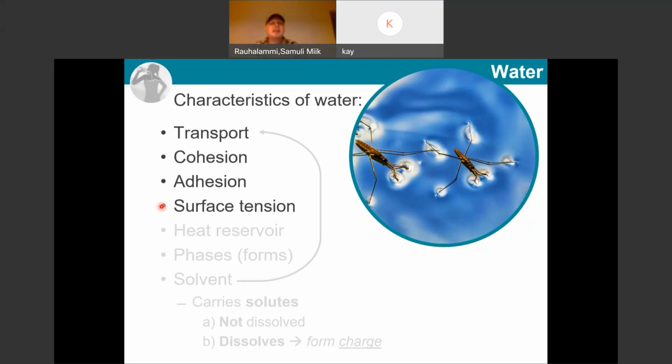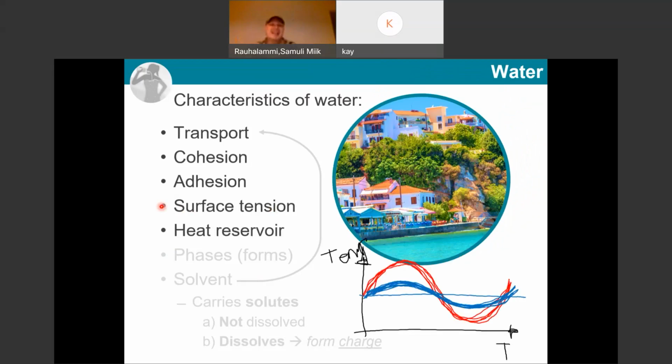Another thing that we end up seeing, and this is not going to be a real estate class, but I'll use that as an example to explain this, is that water is great at storing and releasing heat. So what I've sketched here is a sketch where the red line represents temperature changes in an area, let's say somewhere like, for example, Arizona.